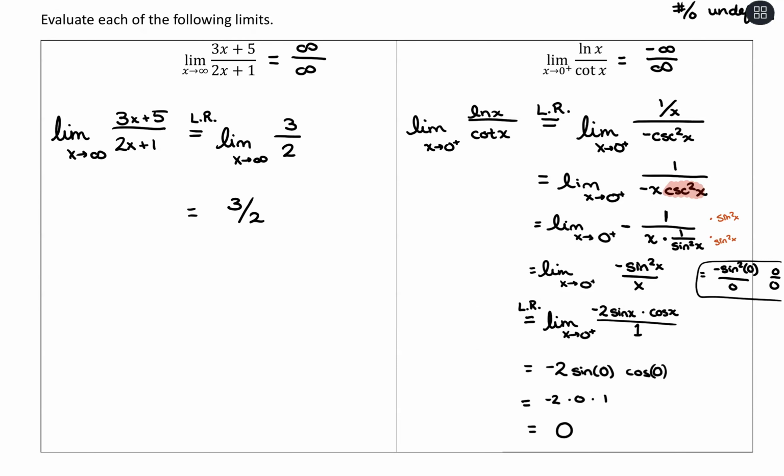Whew. I like this as an example because it shows other methods of simplifying and moving things around, either to get to an indeterminate form so we can apply L'Hopital's rule, or even just simplifying things so that we can actually plug in 0 to evaluate.